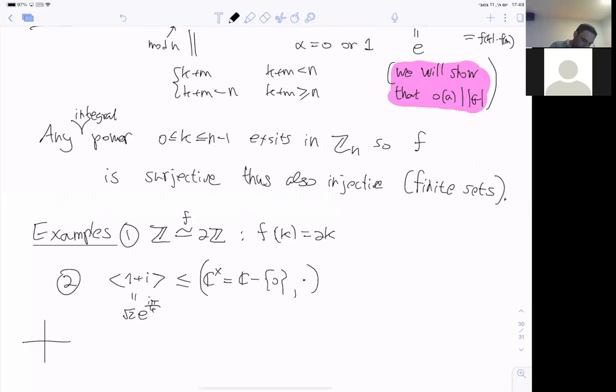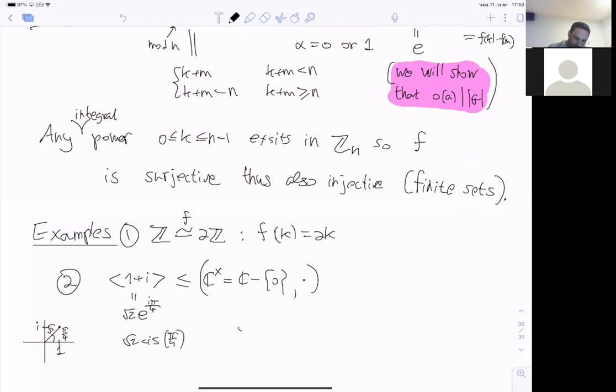Do you agree? This is the polar representation of this number. Of course, if you prefer, you can write it like this.